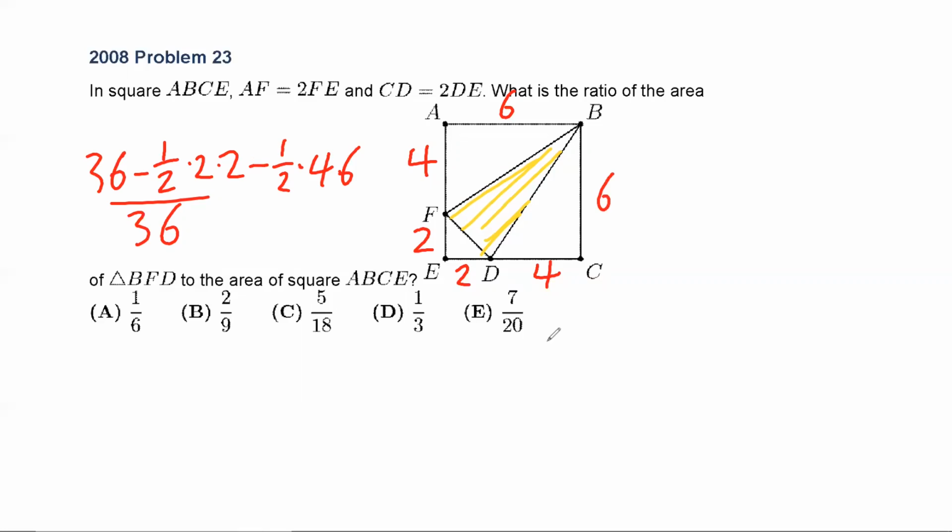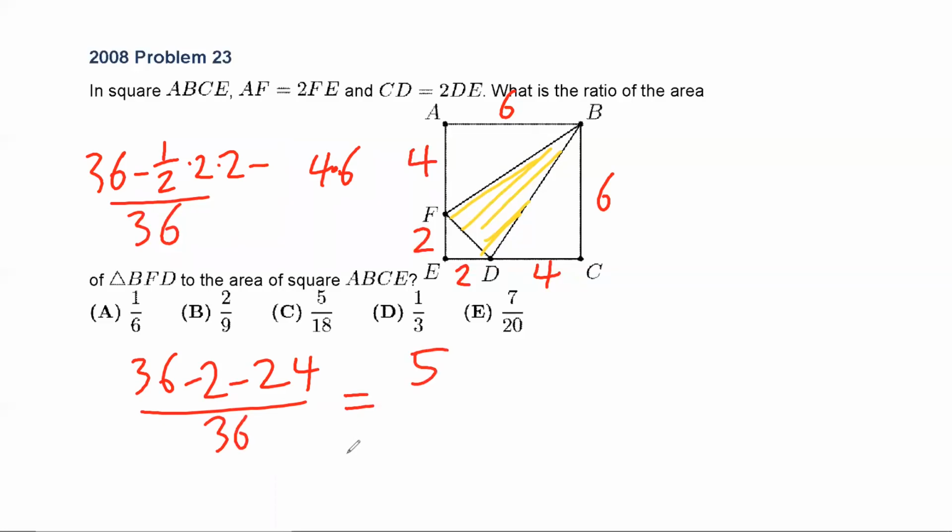So we can just double our last term: instead of multiplying it by 1/2, we'll just multiply it by 1, so it becomes 4 times 6. If we simplify this, we get 36 minus 2 minus 24 over 36. That gives us 5 over 18, which is C.